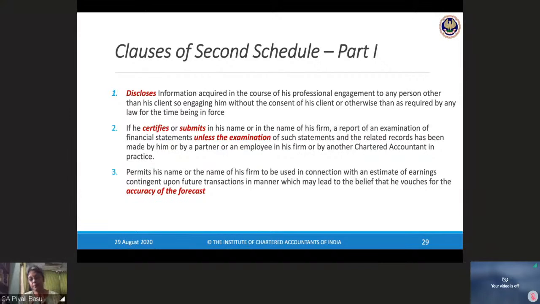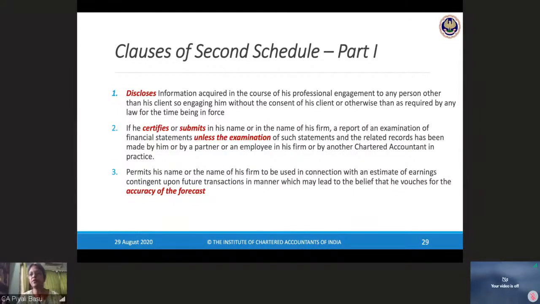Or the company itself has got an order from some statute, and by virtue of which they have asked an auditor to give some report, some certificate, and it is written that you can directly send the report or the certificate to that concerned authority. There also you can send directly.